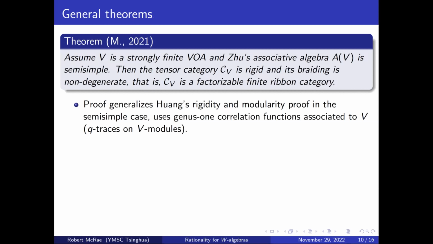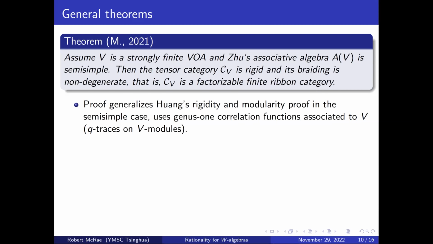First, if we assume that V is a strongly finite VOA and that this dual algebra A of V is a semisimple algebra, then in fact we can show that this tensor category of V modules is rigid, and the braiding is non-degenerate. So this category is a factorizable finite ribbon category, or in other words, a not necessarily semisimple modular tensor category.